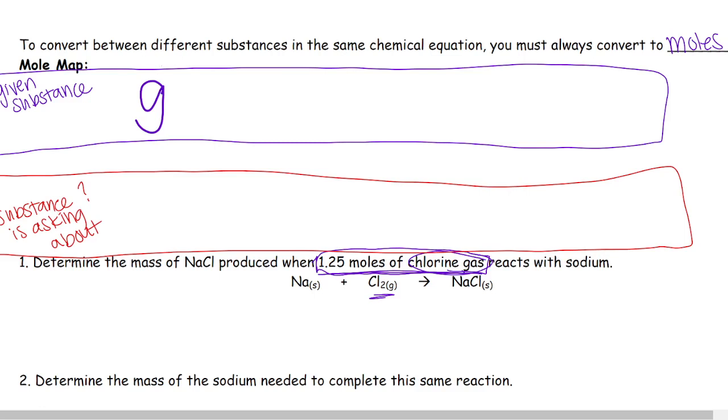That would be mass. From grams, you can go to moles, still of your same substance, the given substance, and then from there we have what we call particles. This can either be atoms, molecules, or formula units.